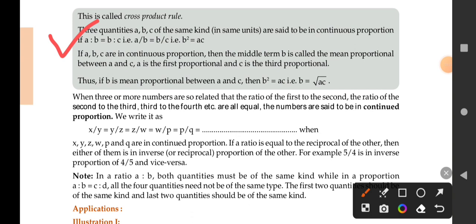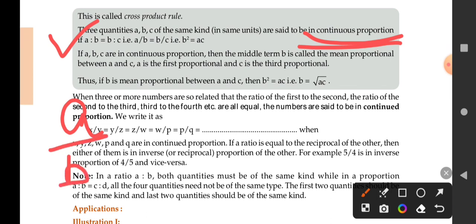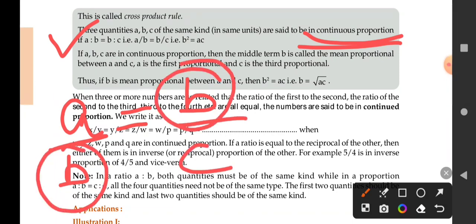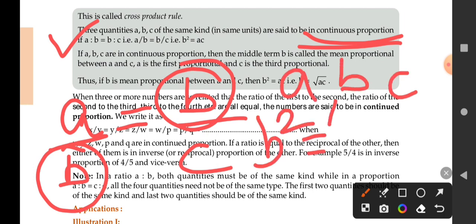Okay, so there are three quantities. What is continuous proportion? Suppose there are three quantities in proportion such that A is to B is equal to B is to C, or A by B equals B by C. When these two terms are the same, that means there are three terms. So B square is equal to AC by the cross product rule.